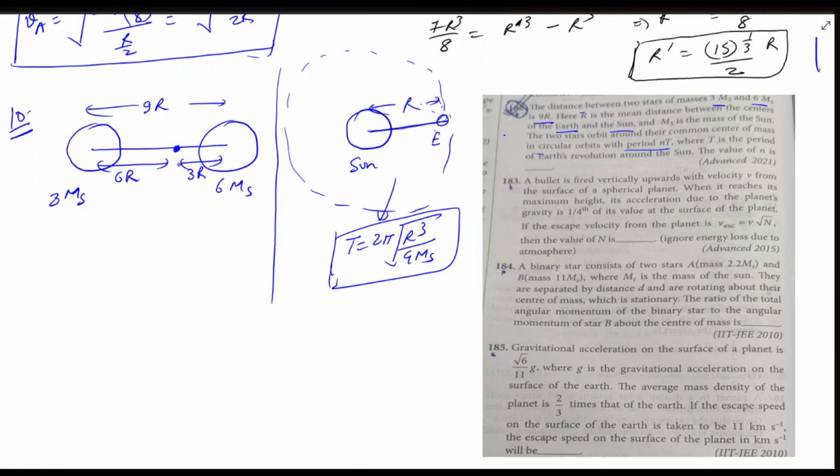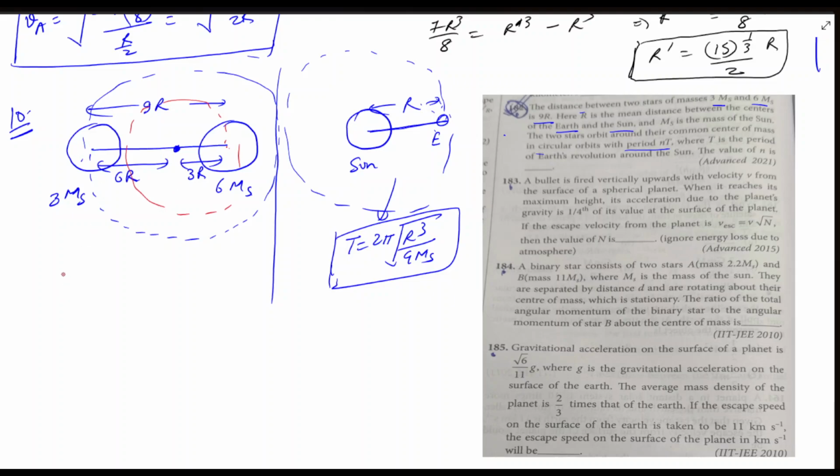And they are moving like this. So this will be moving about this, so its path will be like this, and the path of this will be like this. And we know both of them will have the same time period, so we just need to find the time period of only one.